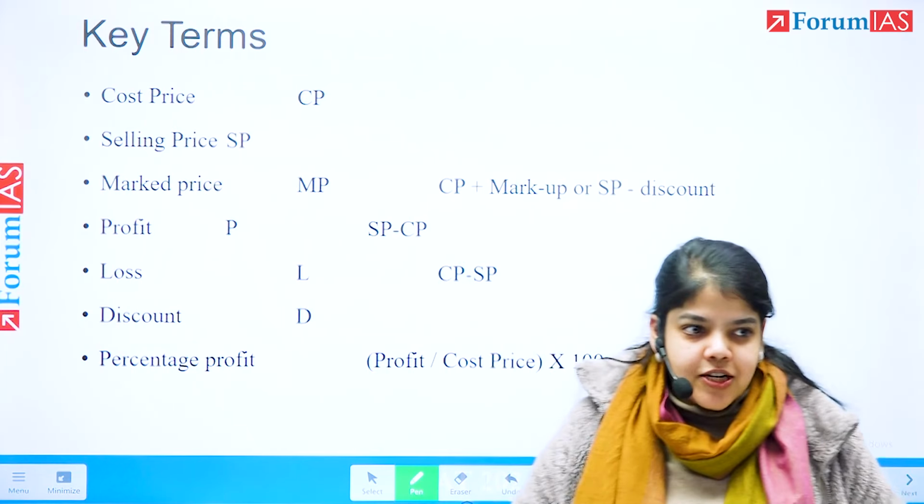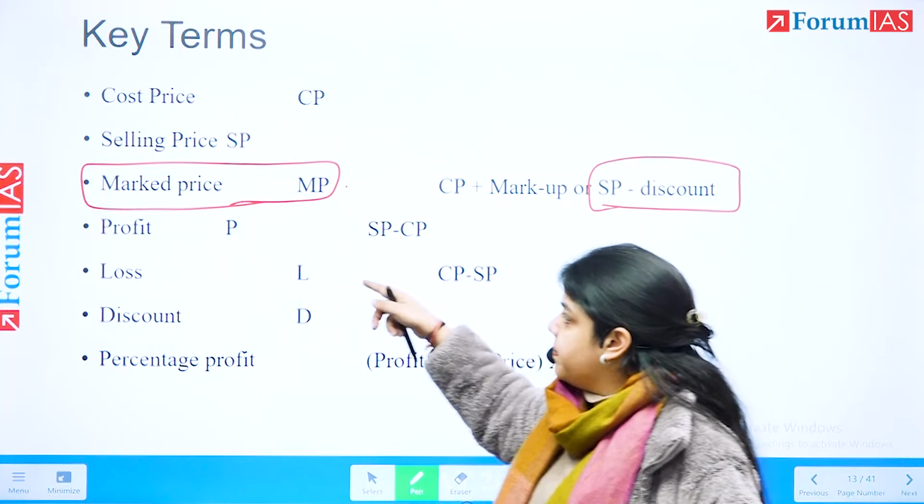So marked price minus the discount is the selling price, because you're selling it at a discount. So marked price is different from selling price. If there is no discount, marked price is equal to selling price. If there is no discount, उतने पे जितना लिखा था tag पे, whatever the tag says, you're selling it for that much. So marked price equal to selling price.